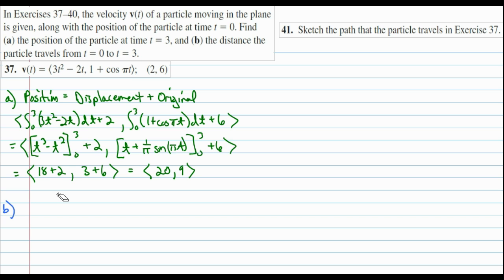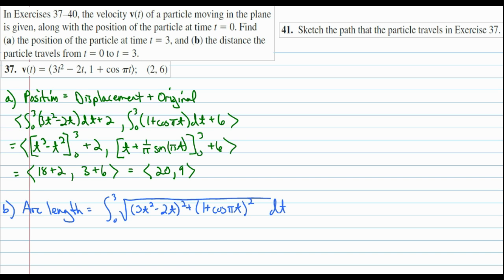Part B, the distance the particle travels from t equals 0 to t equals 3 is going to be found by arc length. So that's going to be the integral from 0 to 3 of all these little teeny tiny pieces of path that we're going to estimate by making them straight, which will be the square root of the horizontal squared plus the vertical squared.